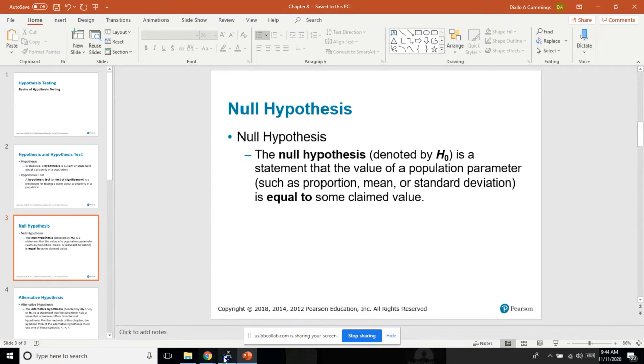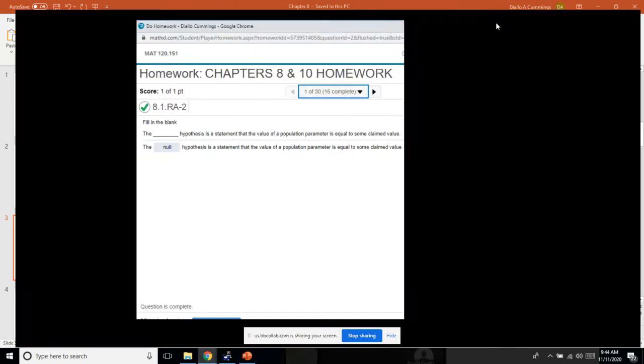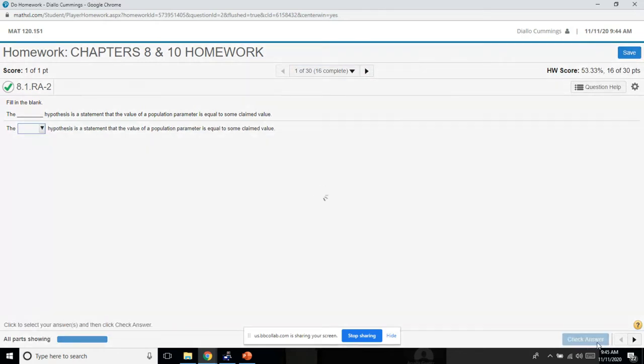With that being said, I'm going to open up our homework, and we'll take a look at a couple of examples. The very first one is a fill in the blank, and this statement reads, the blank hypothesis is a statement that the value of a population parameter is equal to some claim value.